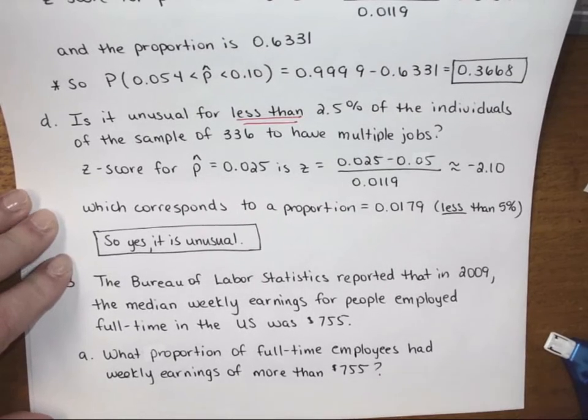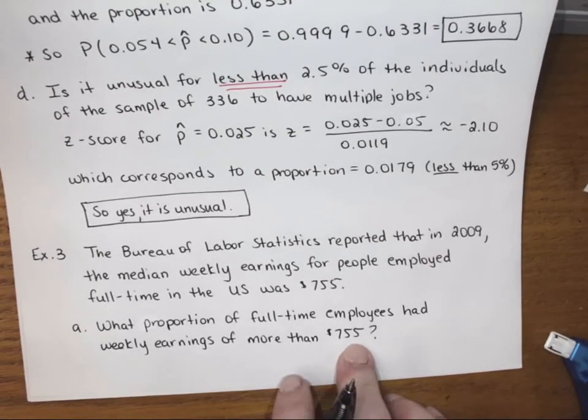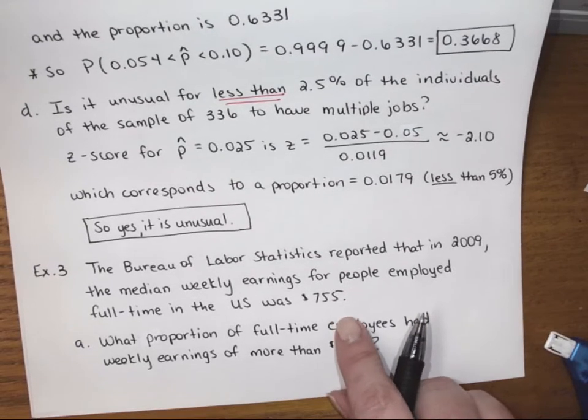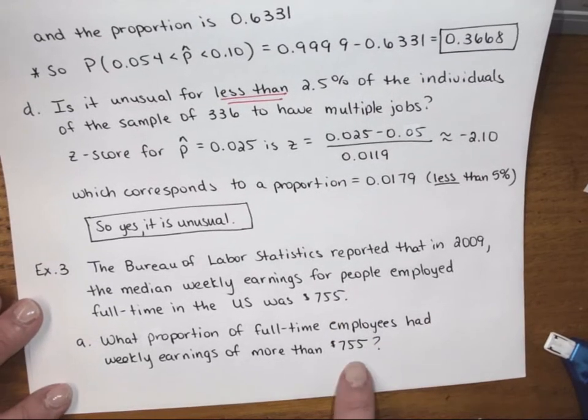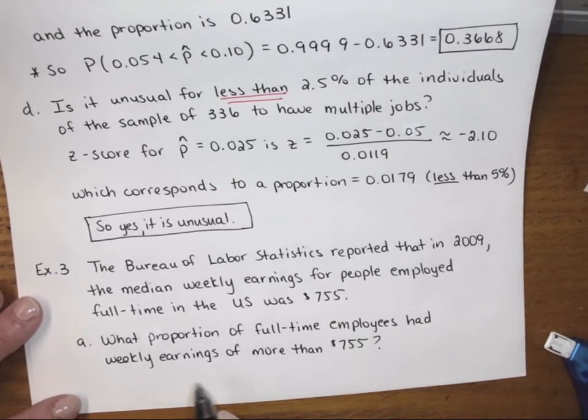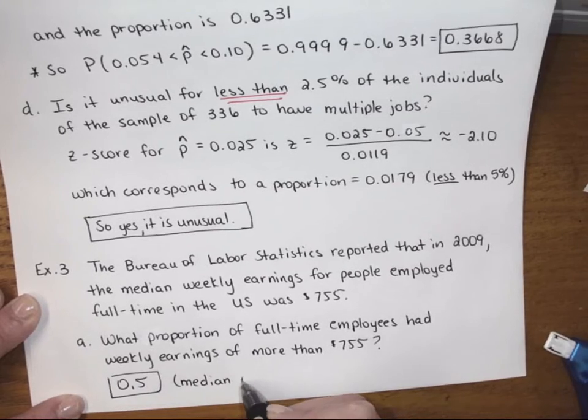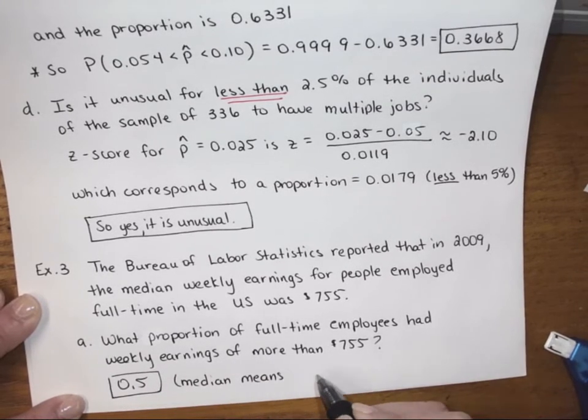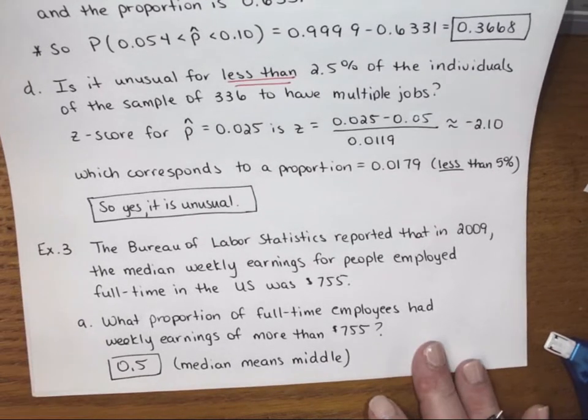Notice if you try to find the z-score, you're going to get a 0, right? Because you're going to do value minus average, but they're actually the same. But if you think about that this just goes in the middle, then the proportion that are more would just be 50%. Okay, and that's because the median means the middle. So theoretically, it means that 50% are less than the middle, and 50% are more than the middle.